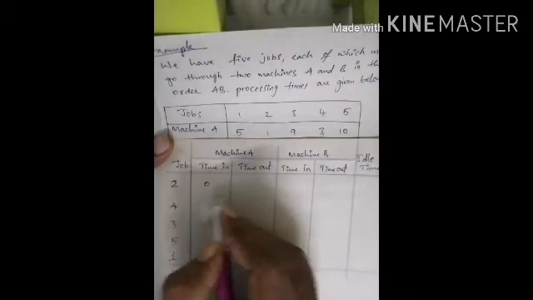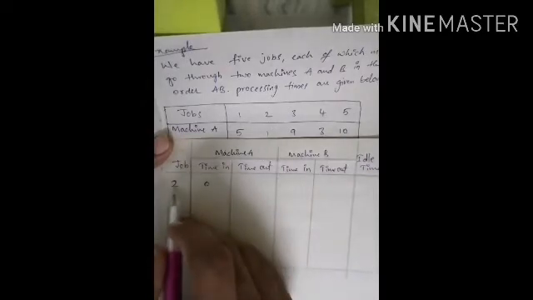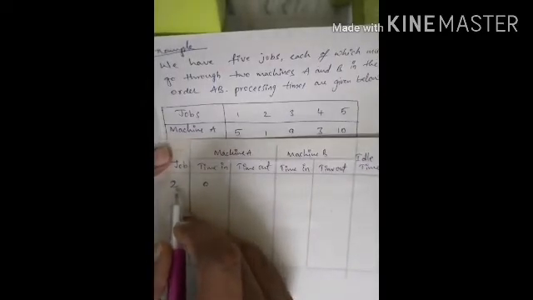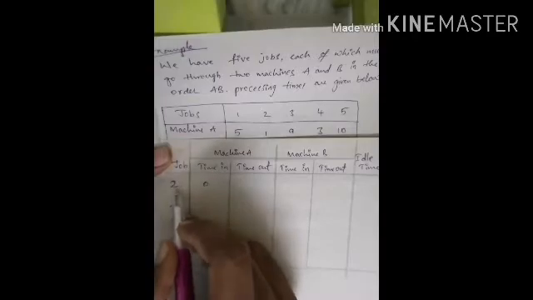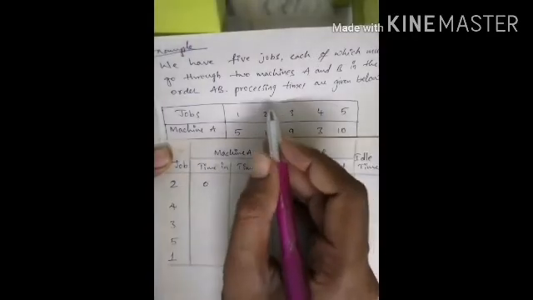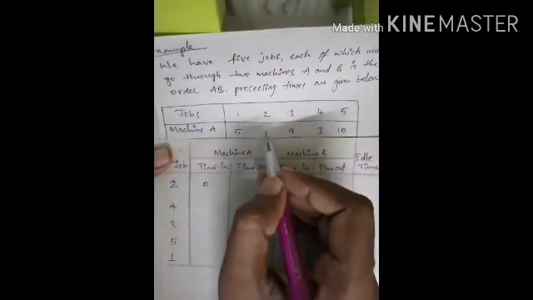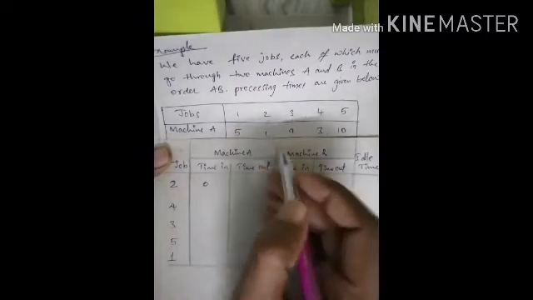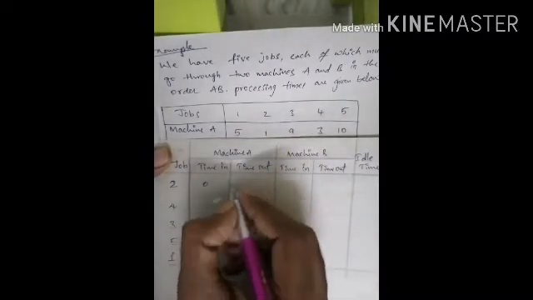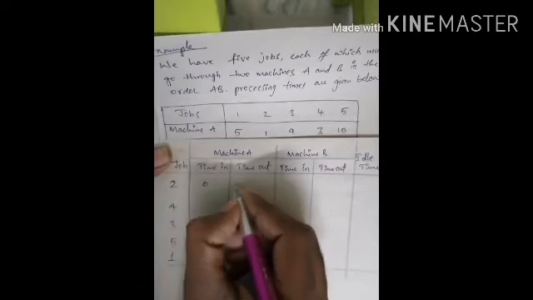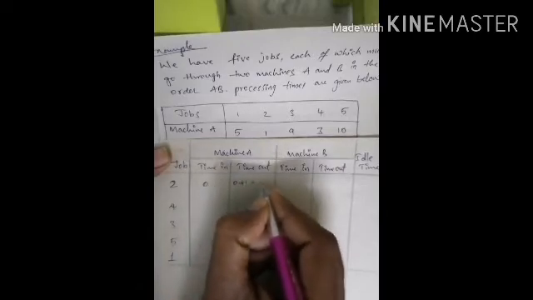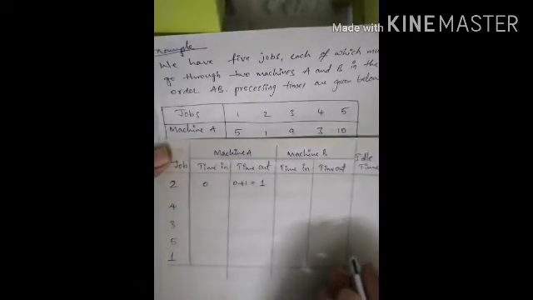So next on machine A, job 2 is performed first, so the processing time of job 2 on machine A is 1, right? So we add 0 plus 1 equals 1.